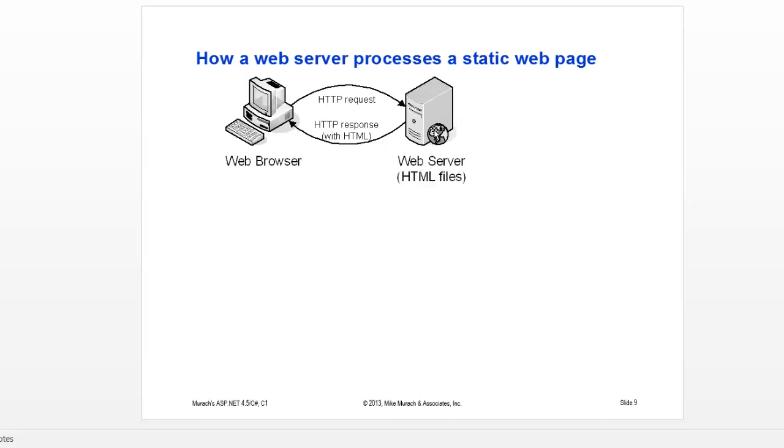When the client wants to receive that page or clicks on a link that indicates that they want to receive the page, they send an HTTP request to the web server, which has the HTML files, and then the web server sends back the HTTP response, which includes the hypertext markup language files that were requested. So the HTML files are then interpreted by the user's browser, and then the users can view the web page.